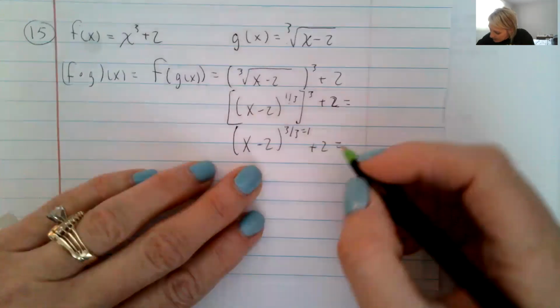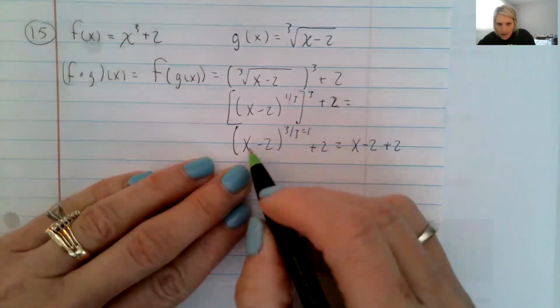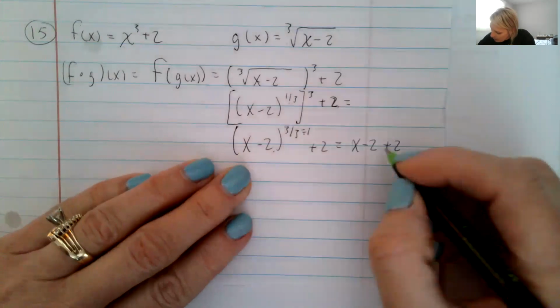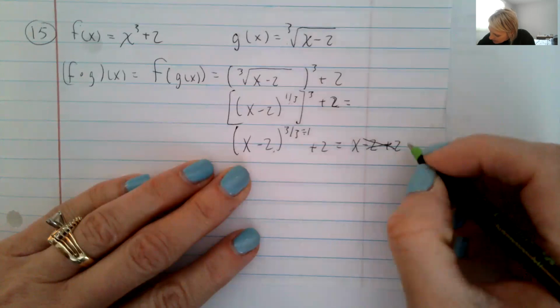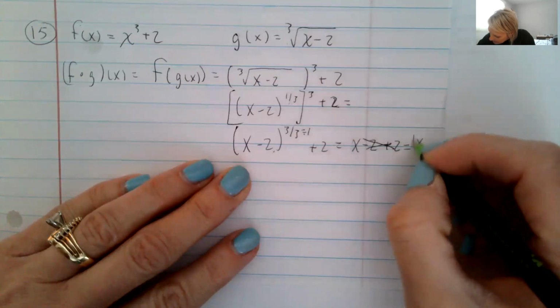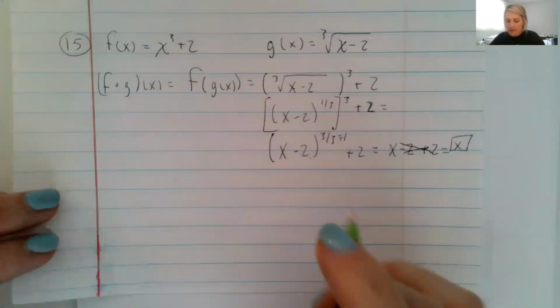And so this is just x minus 2 plus 2, because this is x minus 2 to the 1. So combining like terms, minus 2 plus 2 adds to 0, and we're left with x. So f composed with g satisfies what we need.